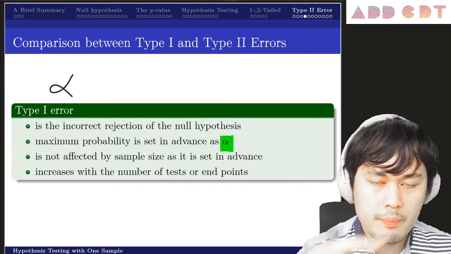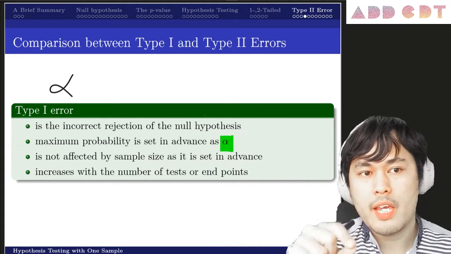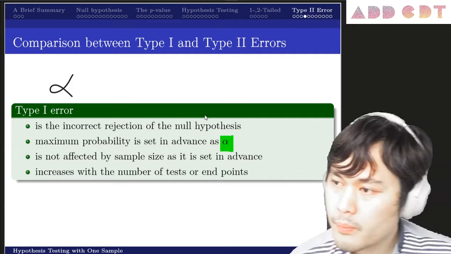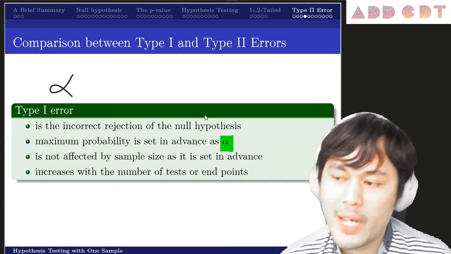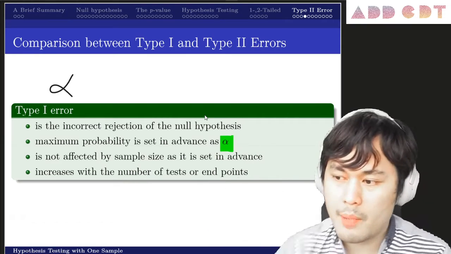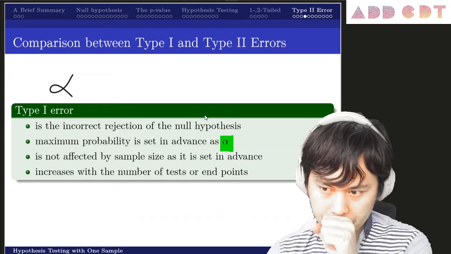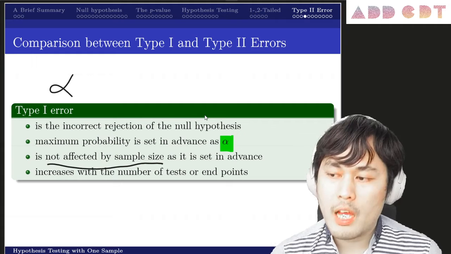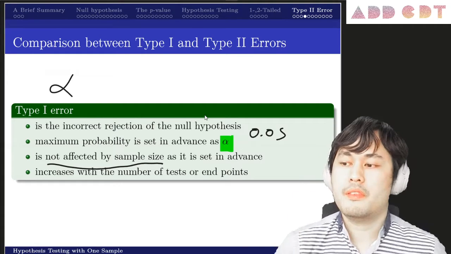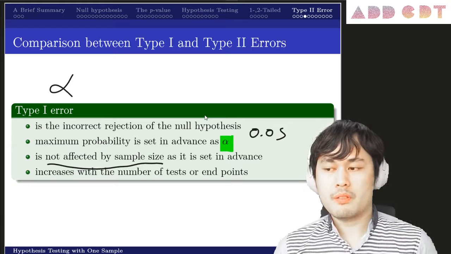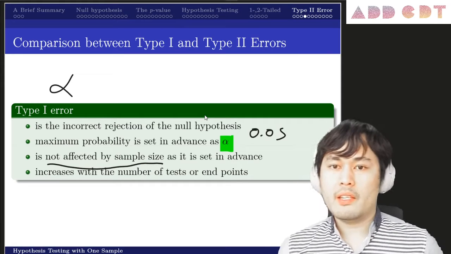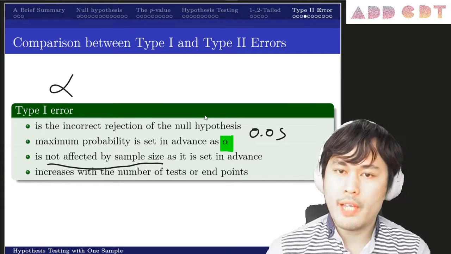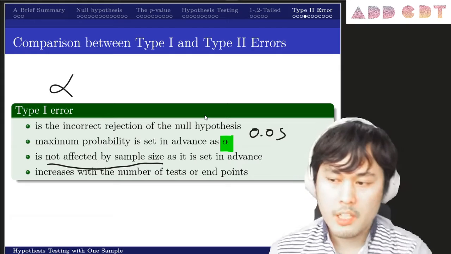We study the bell curve, and if we want that error to be alpha, then we want the area to be alpha, and we can set that in advance before we even collect samples. And this alpha is not affected by sample size, because if we set alpha to be 0.05, then that's 0.05 no matter how many samples we collect. The sample size might affect the distribution, but it will not affect alpha. It's already fixed beforehand.